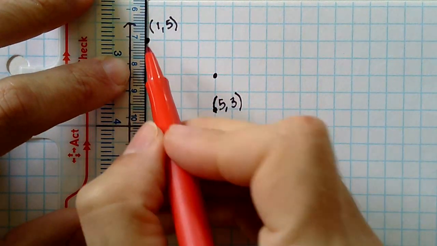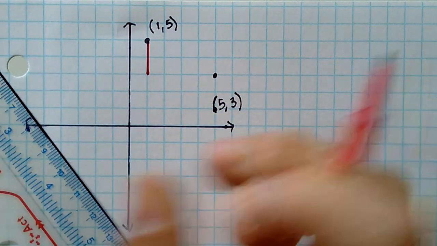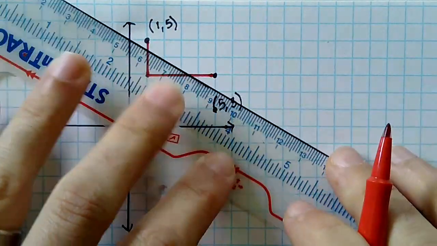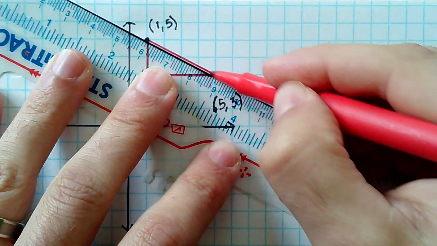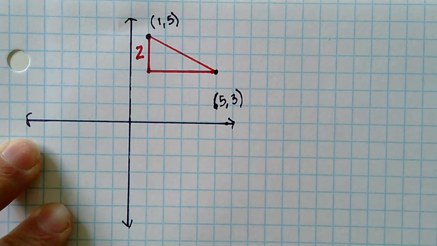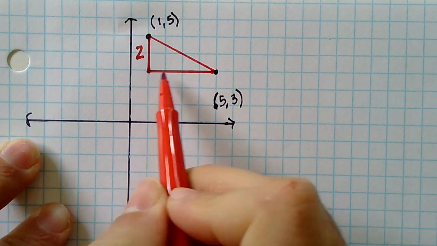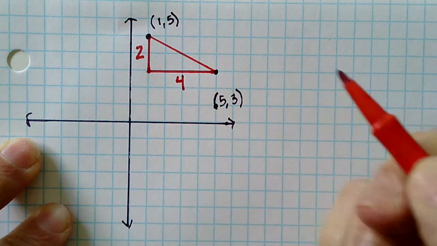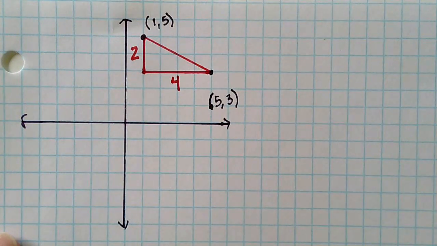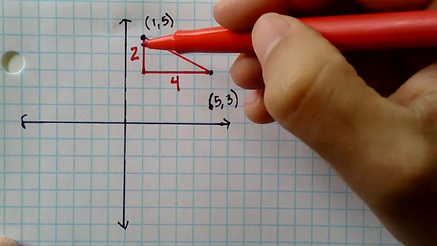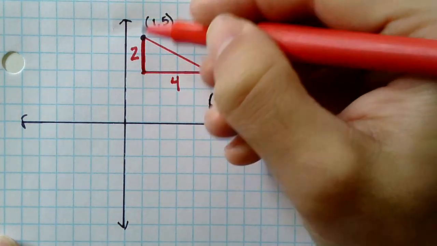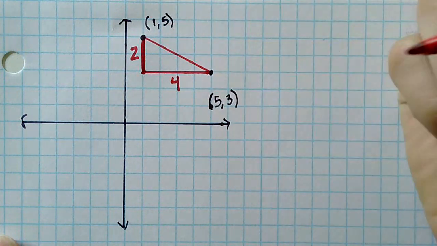I'm going to follow my same process. So here's my right triangle. This distance is 2. This distance is 4. Now we're going to make the connection to the actual points themselves, because we want to be able to do this without the graph. This movement here is my up and down, my rise, so that deals with the y.